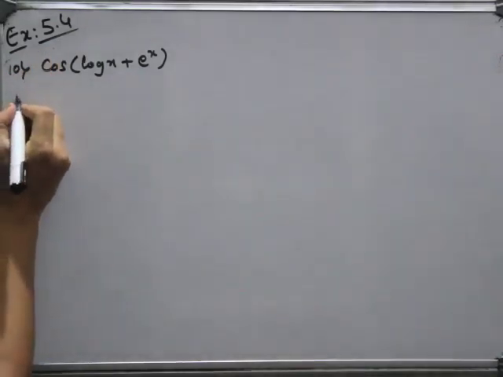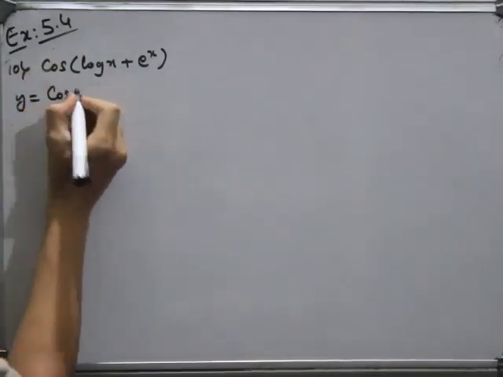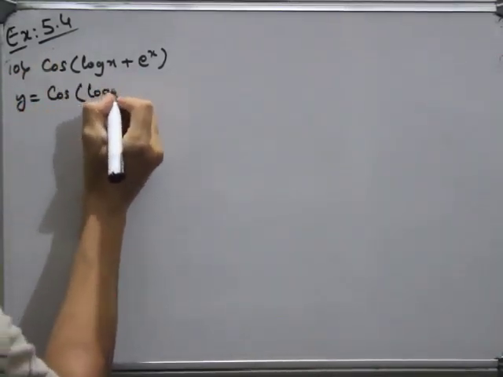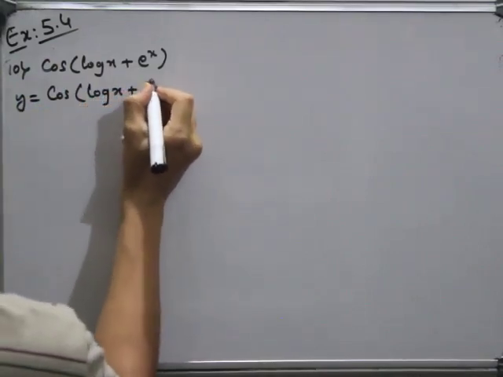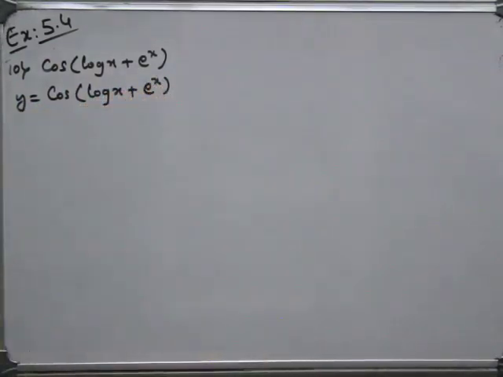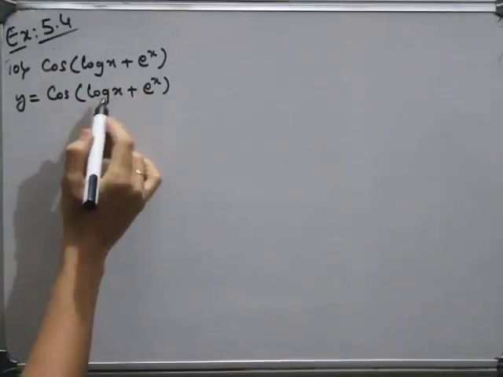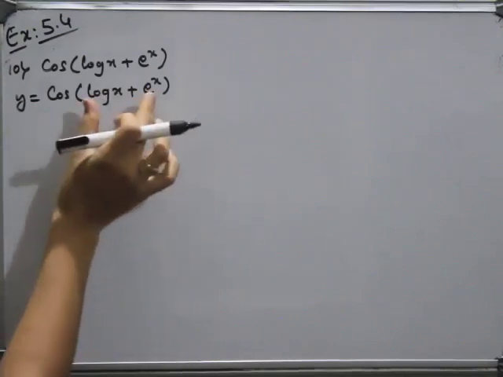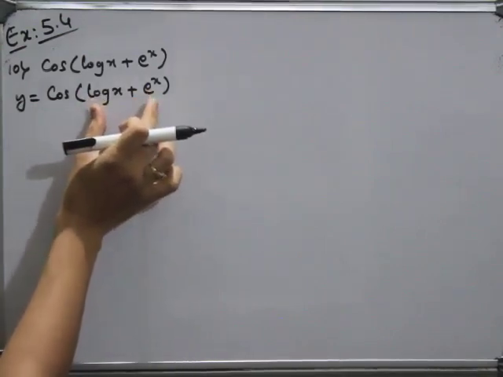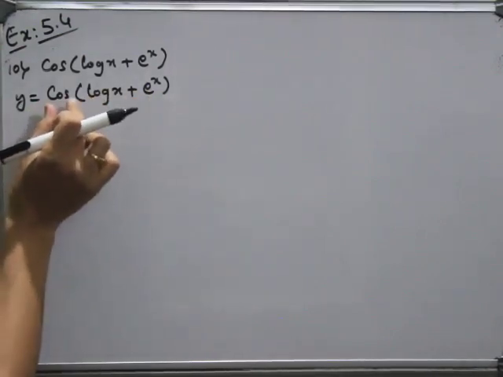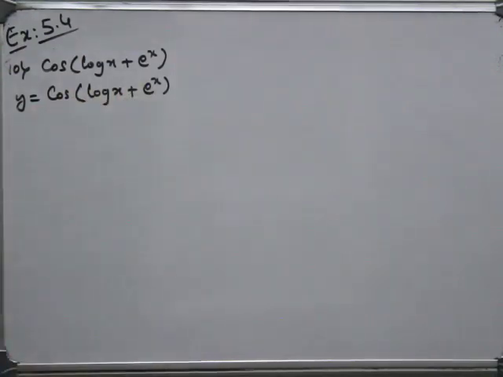So first step, write it as y is equal to cos of log x plus e to the power of x. What can we say about this function? This is clearly a composite function, because here we have e power x and here we have log x. Although these two are separate functions, they are both defined inside cos.